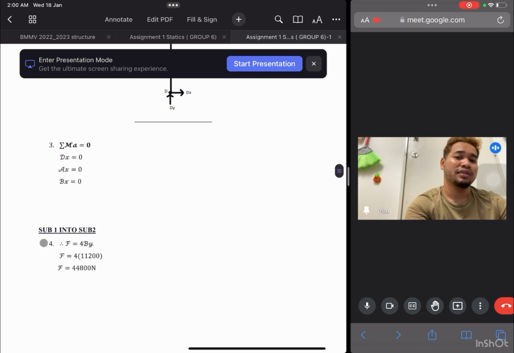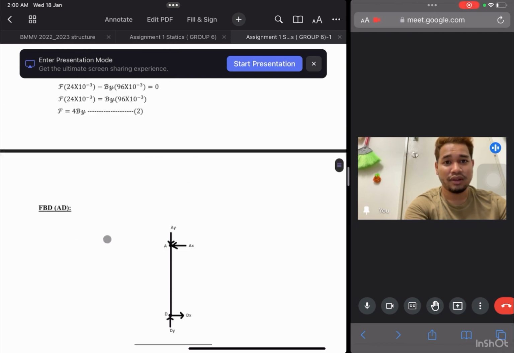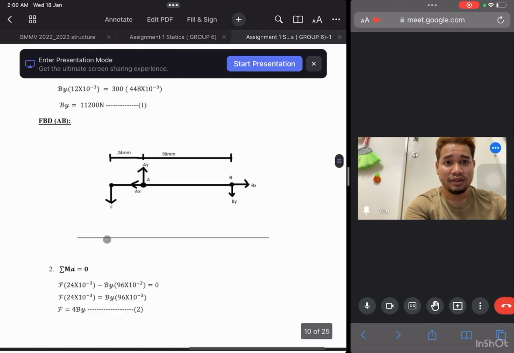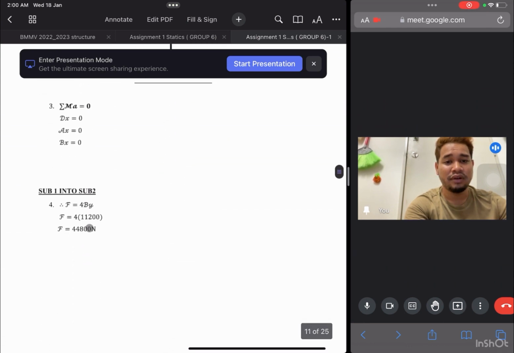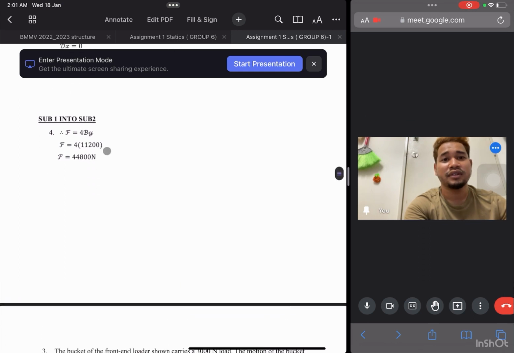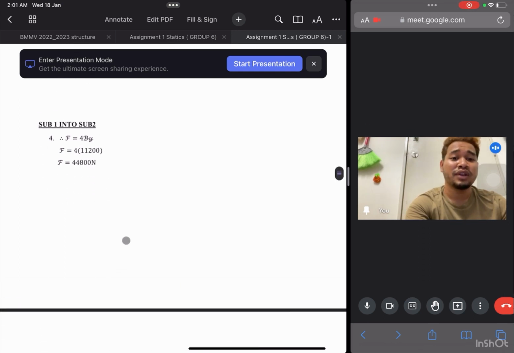So we get the force F equal to 4 By, and By we already have, so 4 times 11,200 Newton. So we got the force 44,800 Newton.